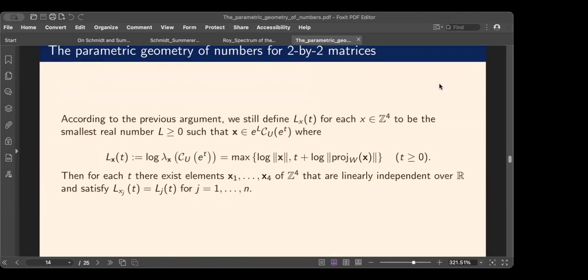So next we will define the L_X function according to the previous argument. This function can be defined by the smallest real number L such that X is contained in this convex body.